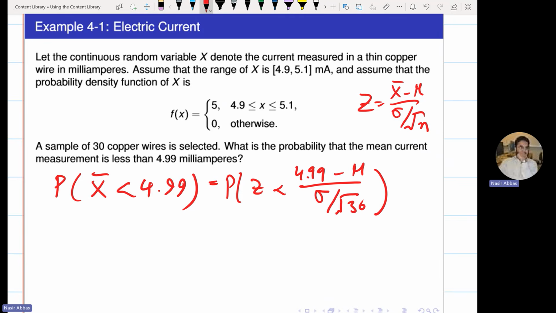Where will the mu and sigma come from? Mu and sigma are the mean and standard deviation of X. Where will they come from? We gave you the PDF, find the mean and variance. You did that in chapter 4, not CDF.